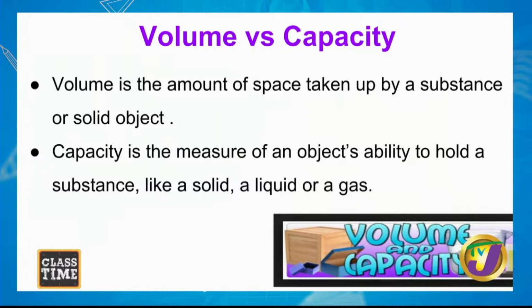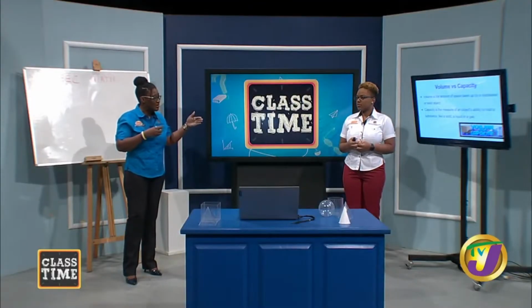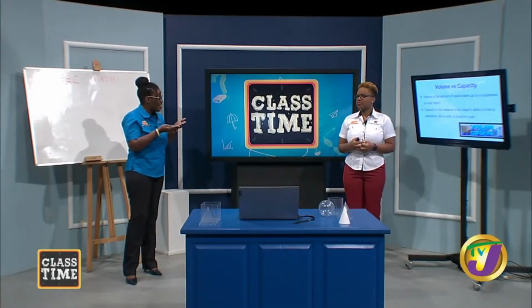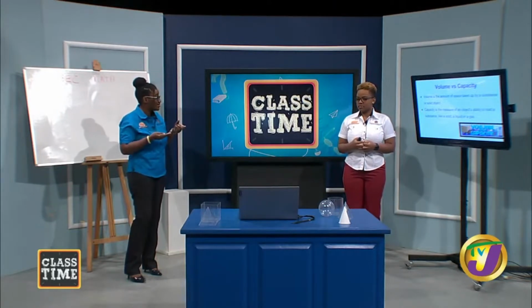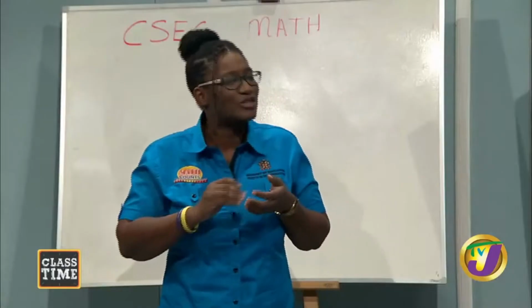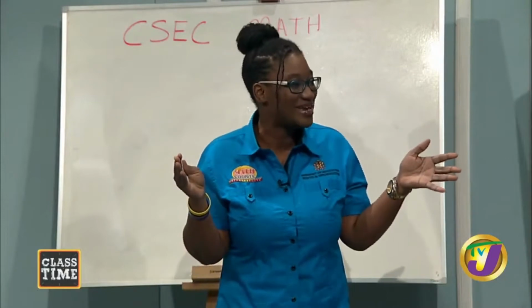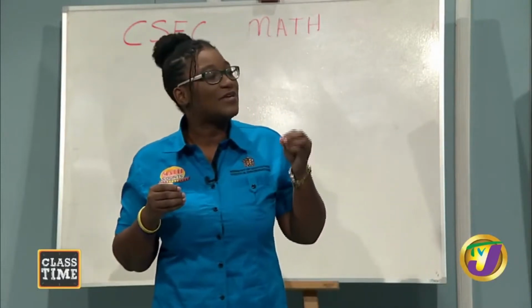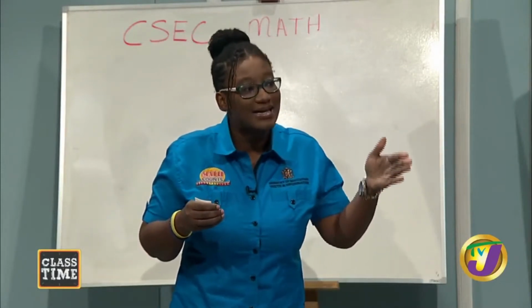So basically, when we talk about capacity, we're thinking of something like a container. It has a cavity that can hold something. And there is a point when the volume and the capacity are actually equivalent, because if I fill a container to the brim, as we would say in Jamaica, it would have been filled to capacity.